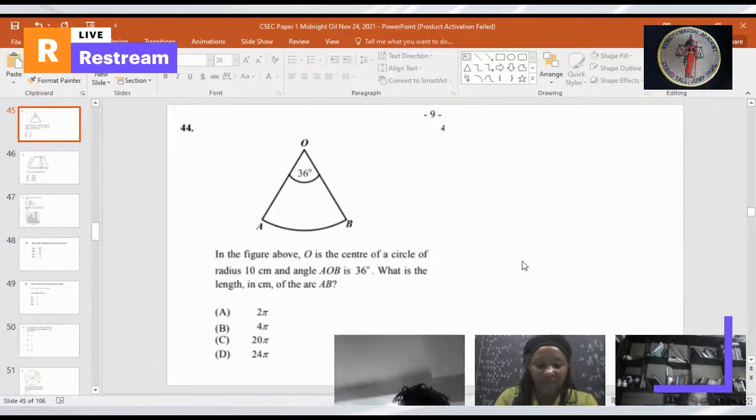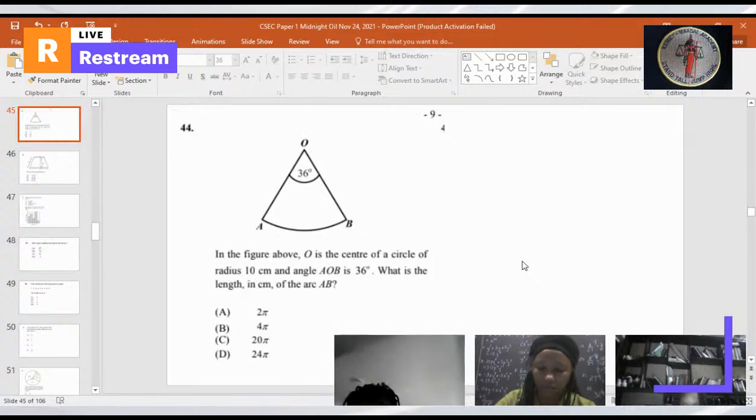So we'd use the same formula, 2 pi r, times 36 over 360. Work that out with r being 10. Pi is left in the answer, so you're not going to work out pi.